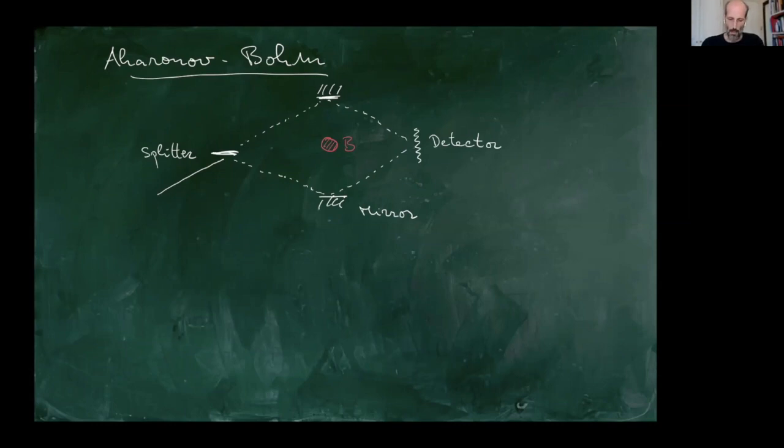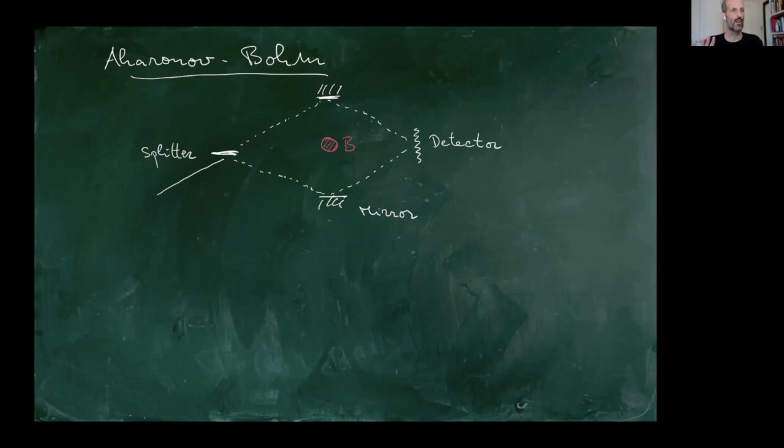And now the interesting thing is, you change the strength of the magnetic field in that red patch. Now, classically, you would think that should have absolutely no effect on anything in the setup, right? Because whatever the particle does, whether it goes straight or is reflected in the beam splitter, in any case, it never gets near the red patch where the magnetic field is non-zero, right?